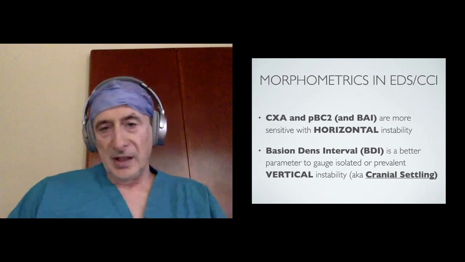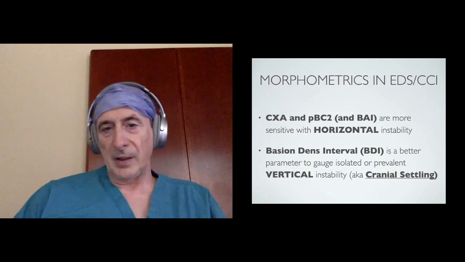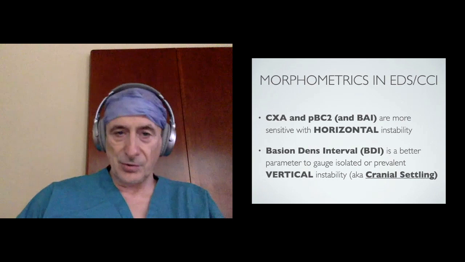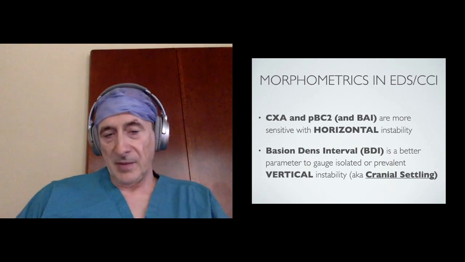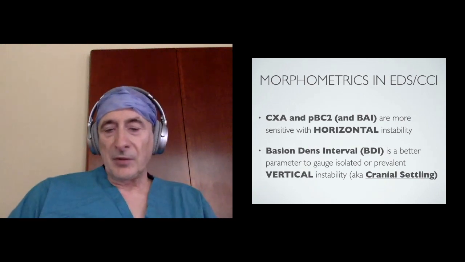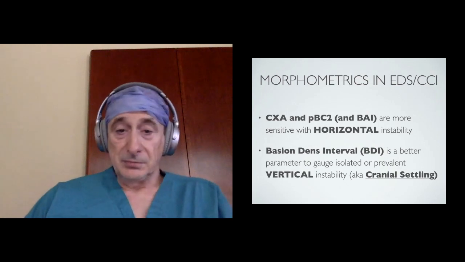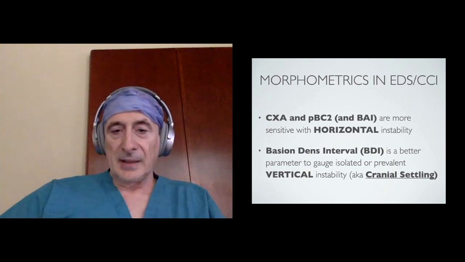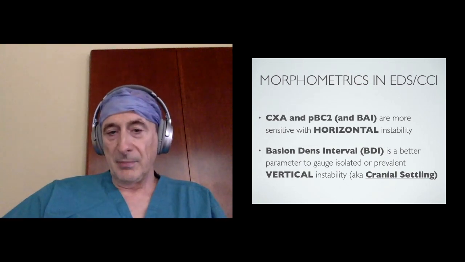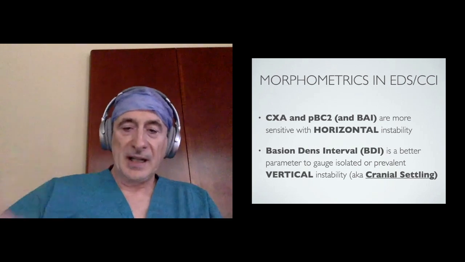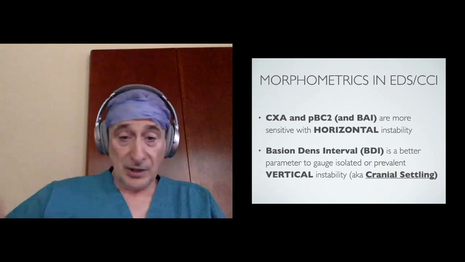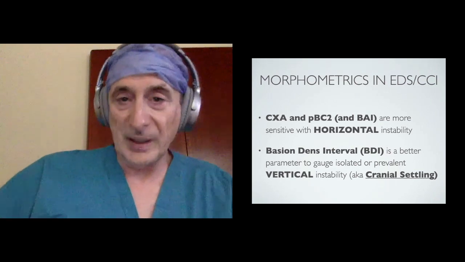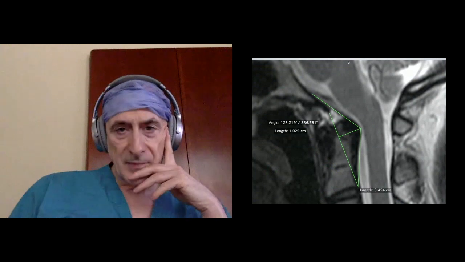Not all these 3/4 parameters that we use for craniocervical instability for connective tissue disorders work the same. And they work from different perspectives. For example, the first two are good to identify something which is wrong in the horizontal plane. But the BDI, which is the basal dens interval, if used dynamically, is the best and actually the only one to identify vertical instability, which is with an old term identified with the term cranial settling.